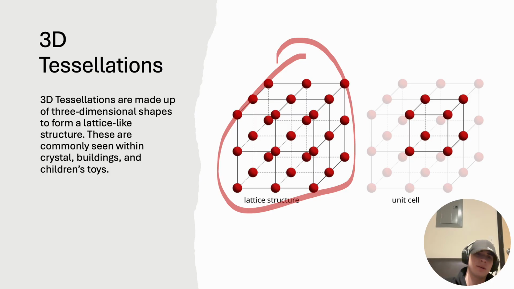That's how I like to think about 3D tessellations. If you have an infinite amount of cubic boxes, how would you stack them? Sometimes you would alternate the shapes to make a more stable structure. But in practice, you would make a structure like this right here, this lattice structure.